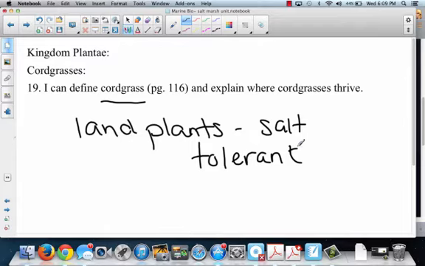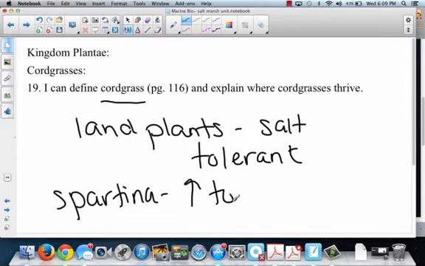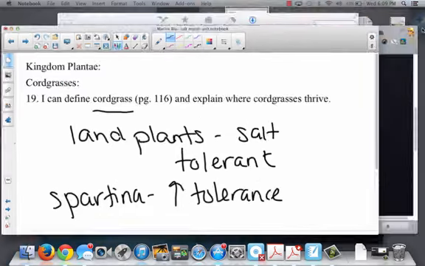So each plant has its different mechanisms of how it survives the salt environment, and each plant also has a different level of salt tolerance, which defines where it can be in a salt marsh. So for example, Spartina has a high tolerance. And that's where you're going to find it in the main parts of the marsh.